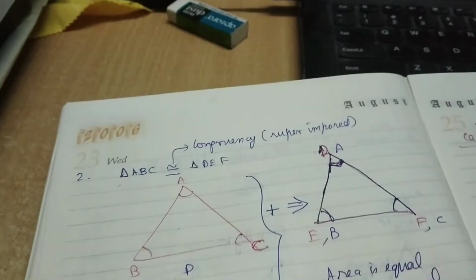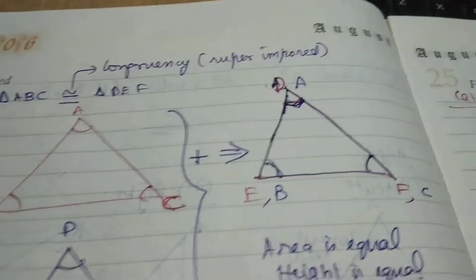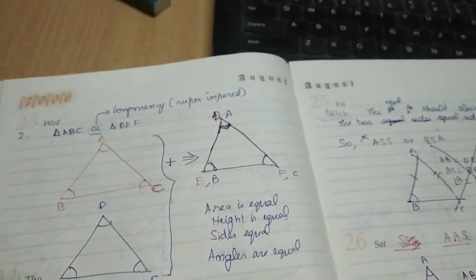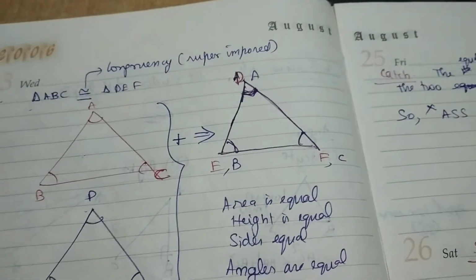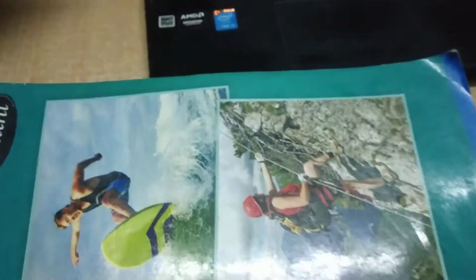The next relationship will be congruency. What do you mean by congruency? Congruency means superimposed. Let me explain this with a practical example. Consider this notebook. I also take another notebook.